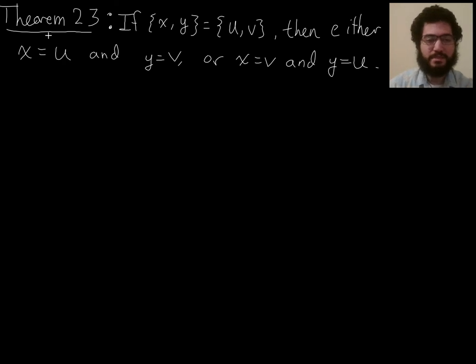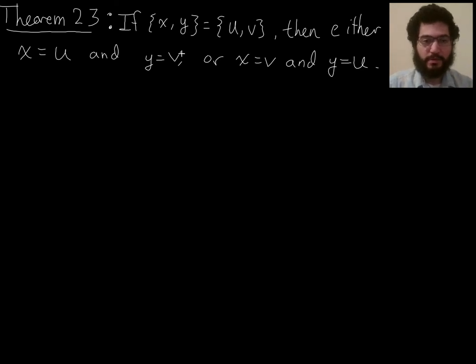As promised last time, we will prove today Theorem 23, among other things, hopefully, but this one is actually more complicated than it looks. So this one is about this two-element set, or doubleton construction, and it shows you that the order in which you list the elements really does not matter.